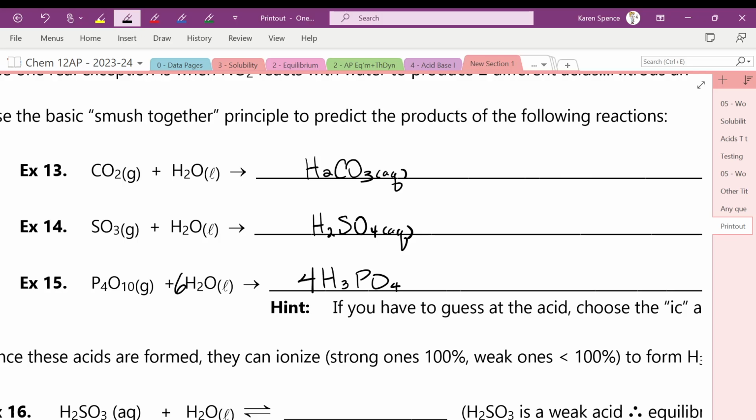Which one? The last one? As long as it's the last one, I don't think they're ever going to give you one like the last one, but I do want to show you.